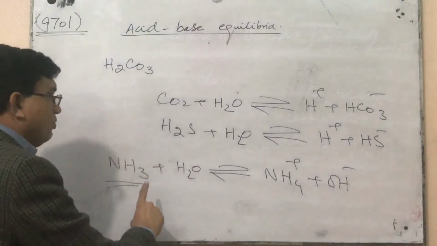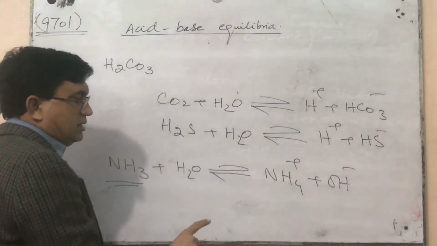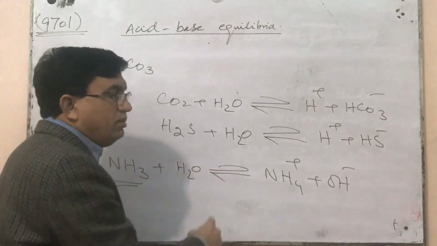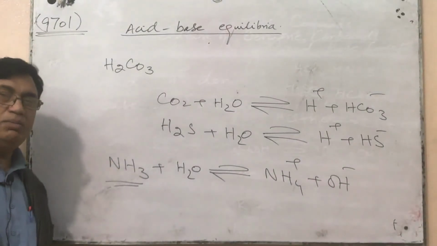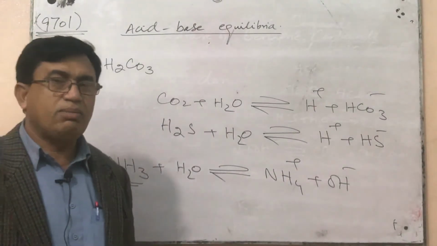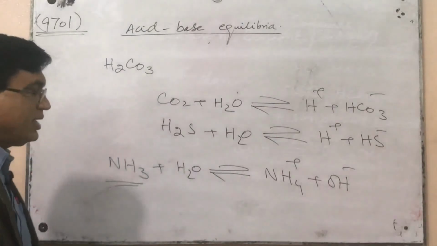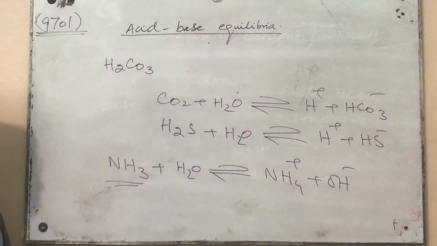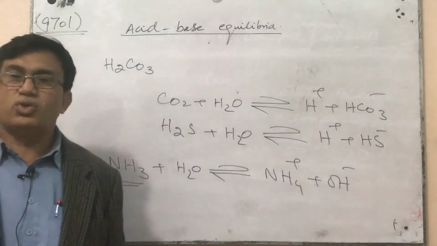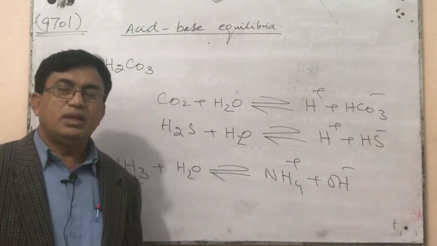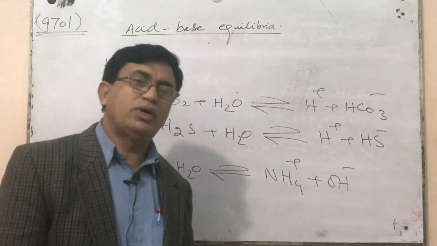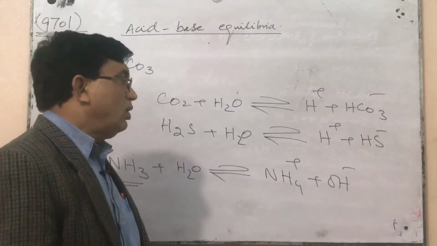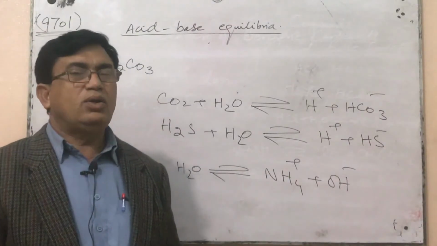Remember, in weak acid or base, equilibrium will be established and the reaction can be shifted towards left or right by adding the suitable reactants or products. But if there are strong acid and bases, then the reactions are almost 100% converted into products without coming back into the reactant.